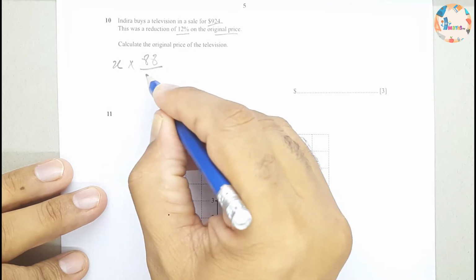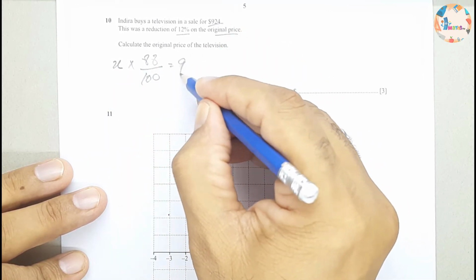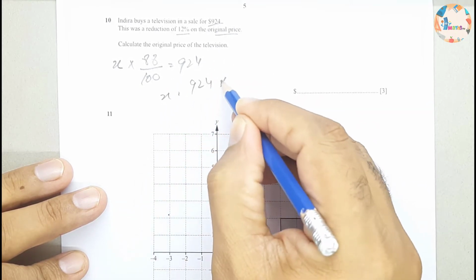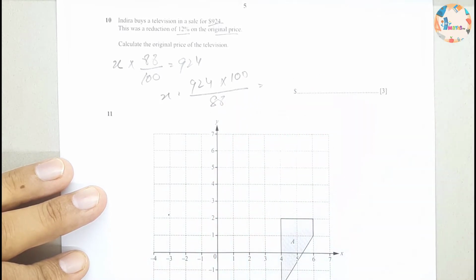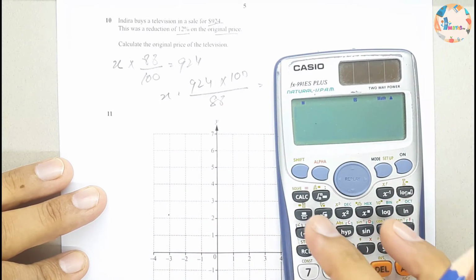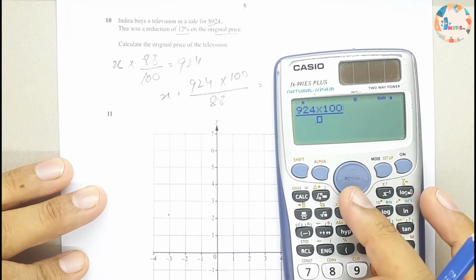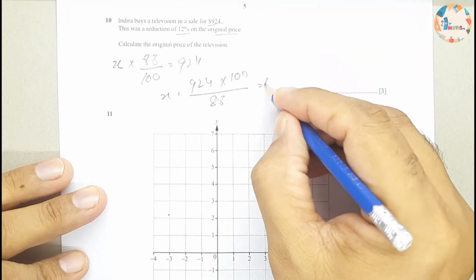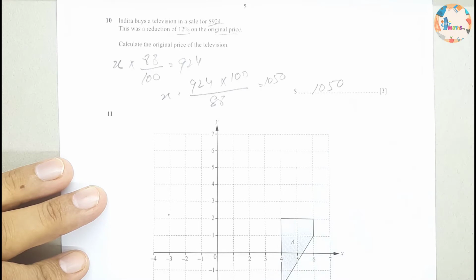So 88% of x is given as 924. So x will be equal to 924 into 100 divided by 88. This will be equal to 1050. So 1050 will be dollars over here.